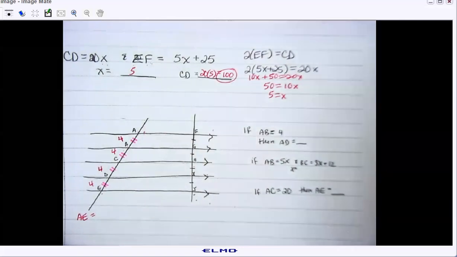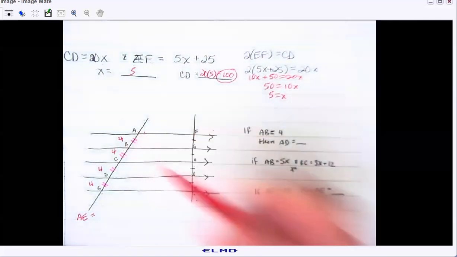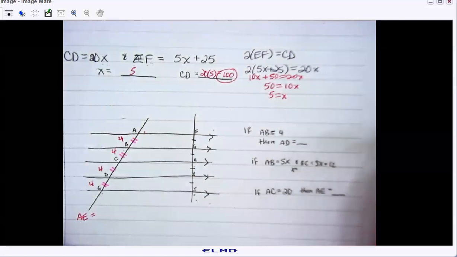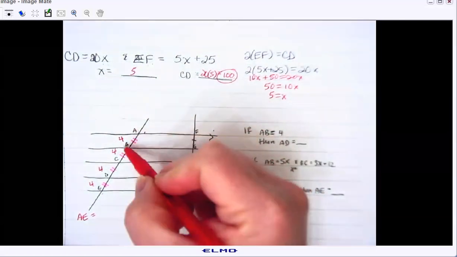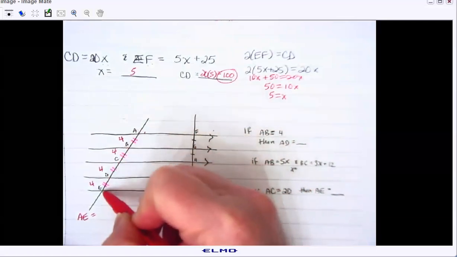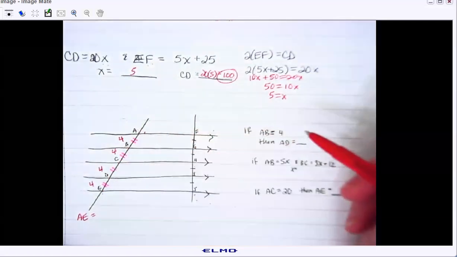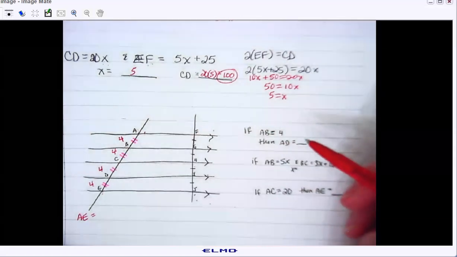Ones in the chat are correct. Okay, so here's the tricky part I want to caution you about. Some of my students go, well, there's 1, 2, 3, 4, 5 letters. It must be 5 times 4. And they get 20.